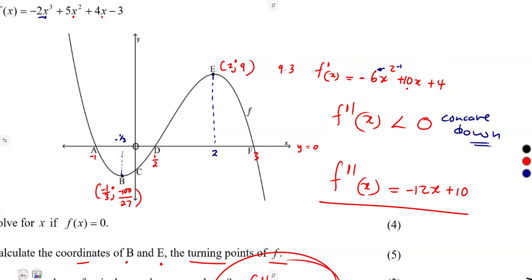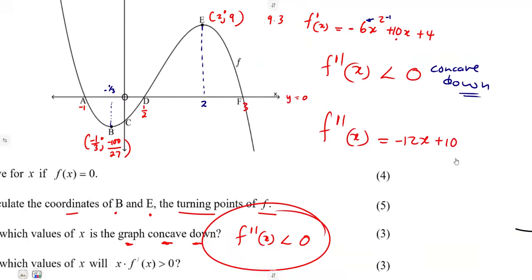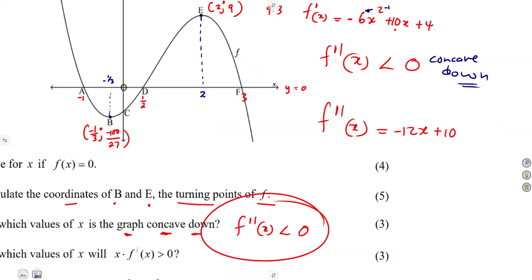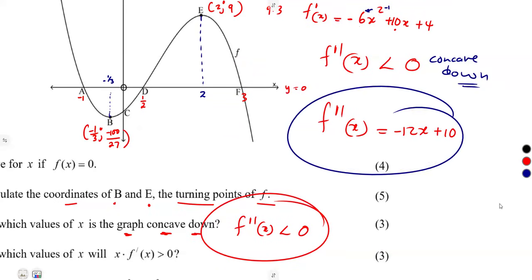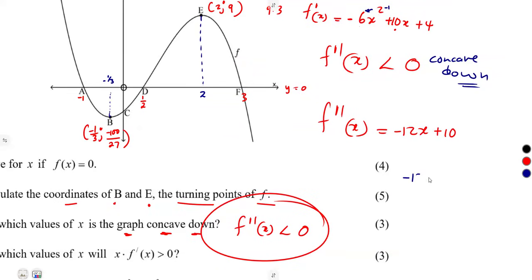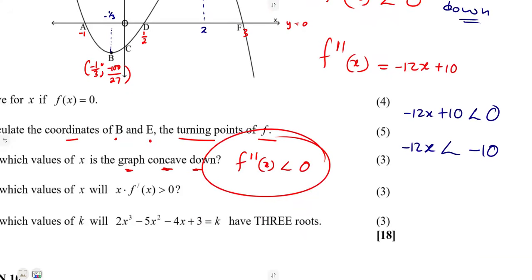So this is your second derivative, which I'm saying is less than 0. From here, you're going to solve minus 12x plus 10 being less than 0, second derivative being less than 0. So let us solve for x from there. This is an inequality. 10 is going to change into a negative, then divide by negative 12. The moment you divide by a negative, remember that the inequality sign reverses.